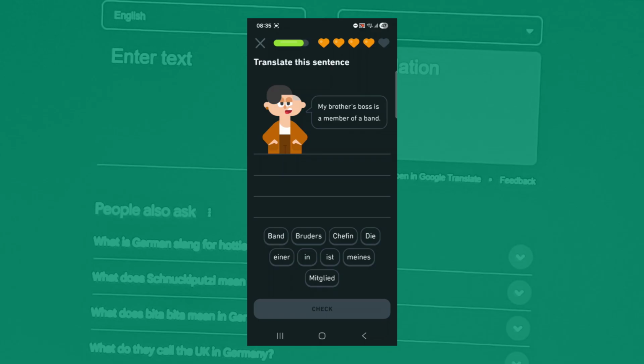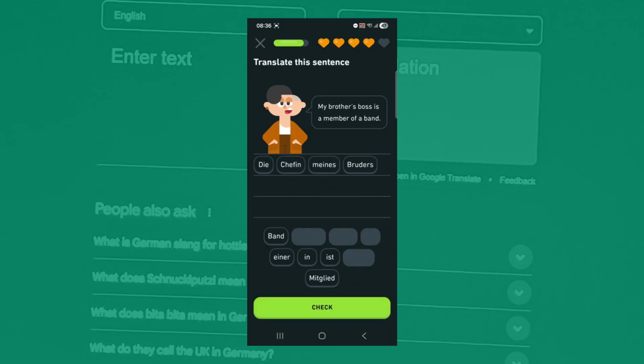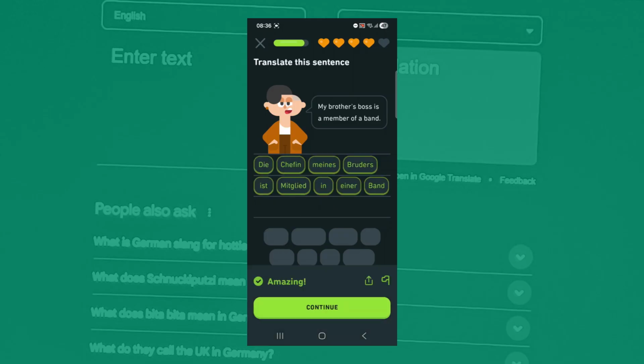And I'm going to question. Move. Okay. My brother's boss, die Chefin meines Bruders, ist Mitglied in einer Band. So Mitglied must be a member.